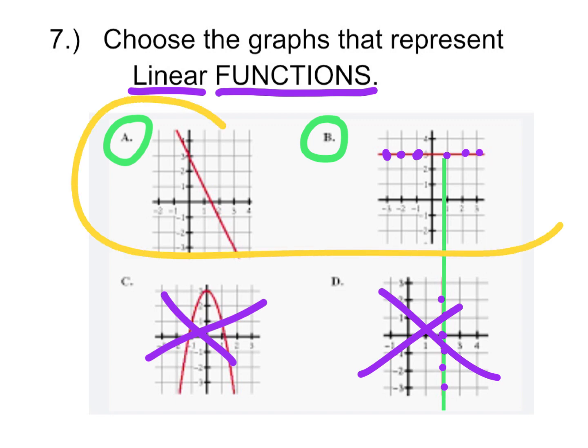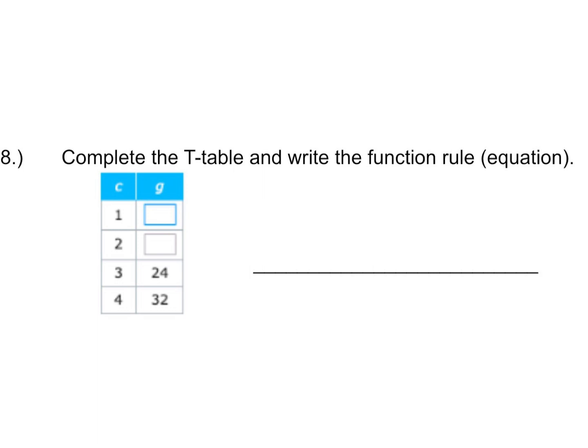Okay, so just A and B. Question 8, complete the t-table and write the function rule or the equation. So let's take a look at the t-table or t-chart here and see what's going on. I definitely see a pattern when I go from the input to the output.